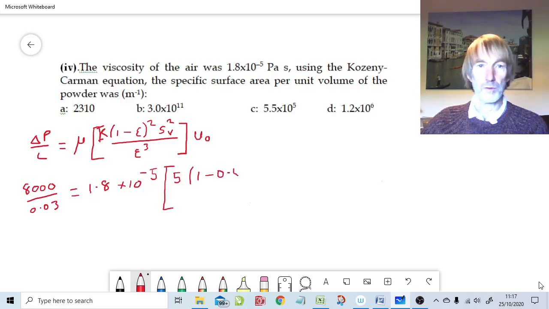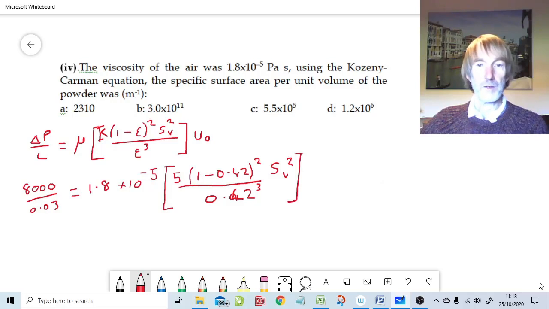1 minus 0.42 squared. Then we have the specific surface area per unit volume, which we don't know. That's what we're going to have to rearrange this equation for. Down here we have 0.42 cubed. Okay, and that's the end of that.